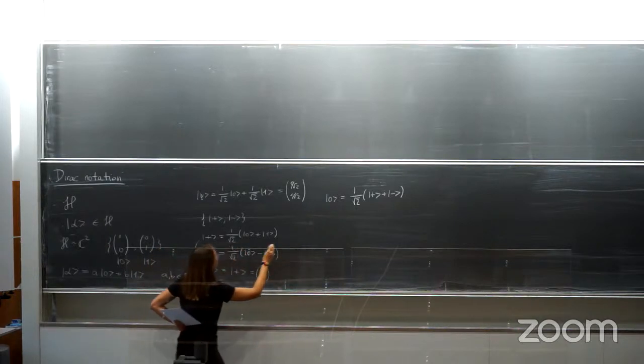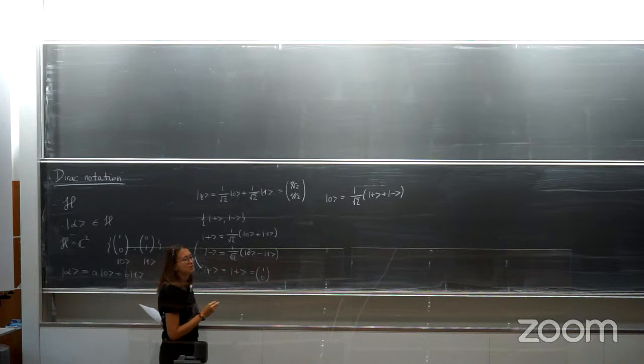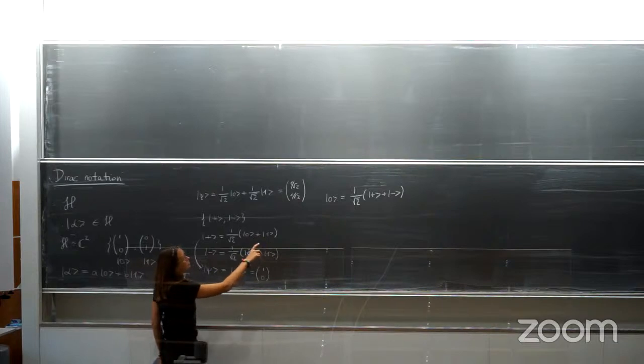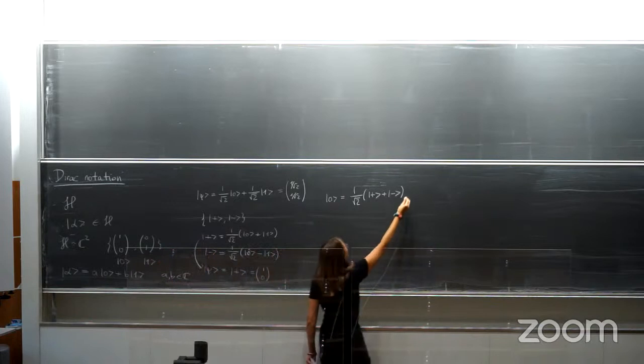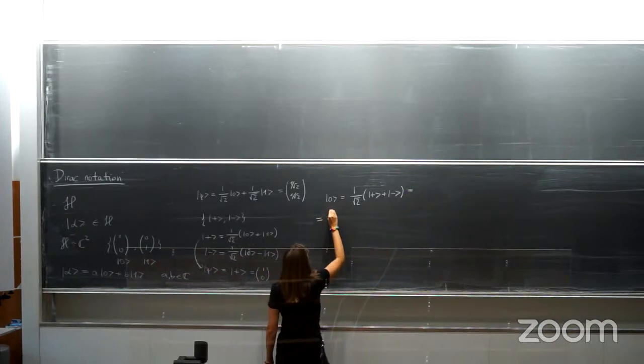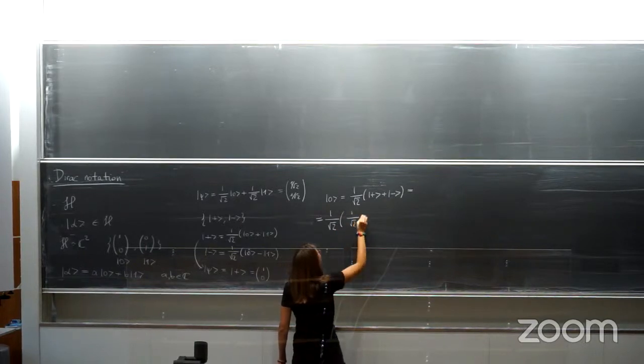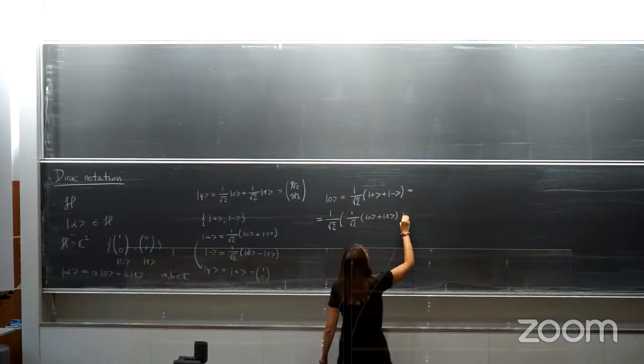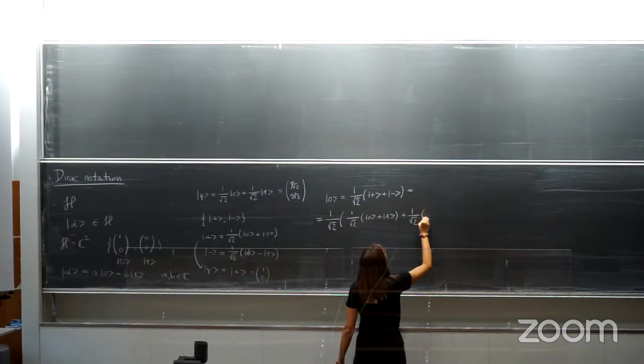I'm not sure where, so you said tensor product, but there's no tensor product here yet. So the way we do it is, here it's clear that 0 is 1 over square root of 2 of plus and minus, because we can just verify that this is correct, right? This is 1 over square root of 2, 1 over square root of 2, 0 plus 1, plus 1 over square root of 2, 0 minus 1.